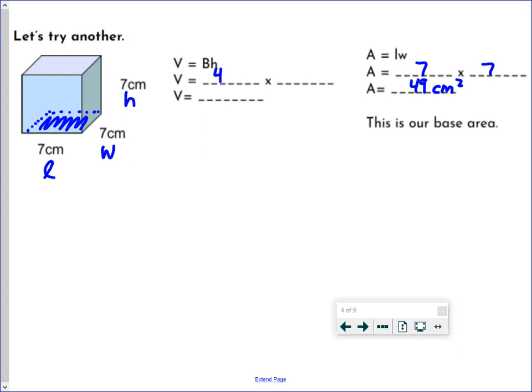So we have the base area, 49 centimeters squared, times the height, which is 7 centimeters. And so we do 49 times 7. 343 centimeters cubed.